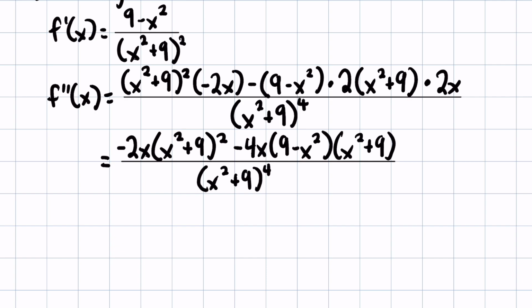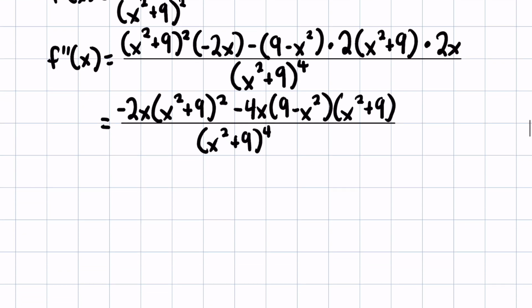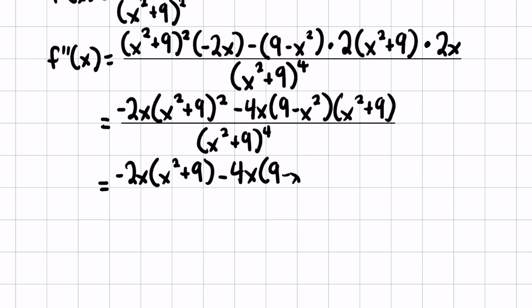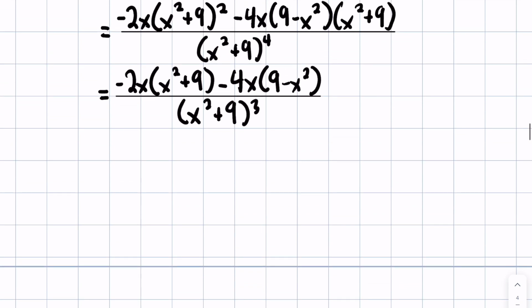All right. Now notice that we have an x squared plus 9 here, we have an x squared plus 9 squared here, and to the 4th here. So we can pull out an x squared plus 9, just not squared, just x squared plus 9 we can pull out. And so when we do that, here's what we get. We're still left with an x squared plus 9 here, but in the second term it just goes away. And on the bottom, it becomes to the 3rd power. Now we want to distribute everything out.